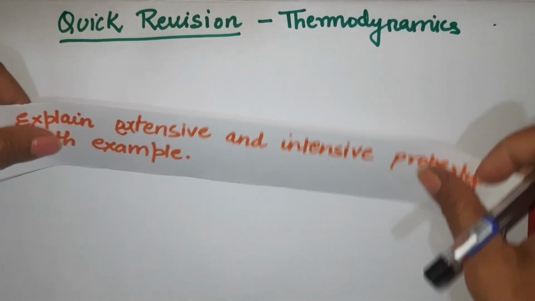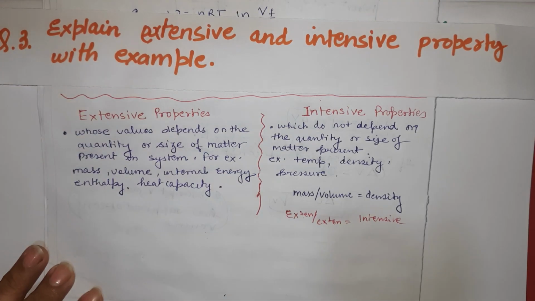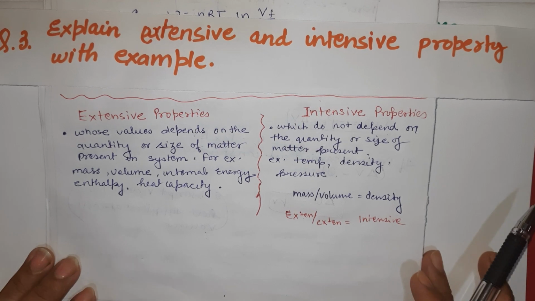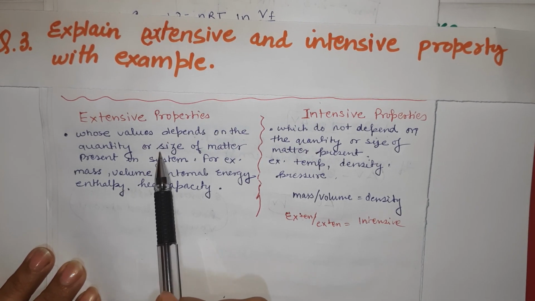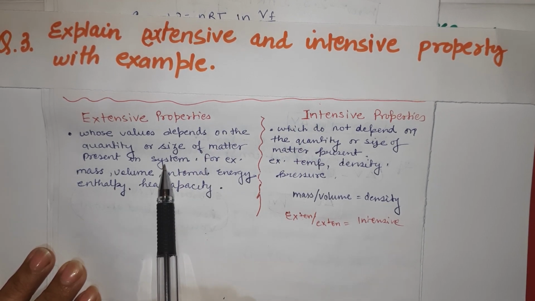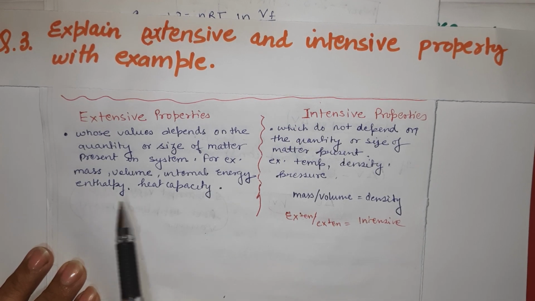The next question is, explain extensive and intensive property with example. Extensive properties are those properties whose value depends on the quantity or size of matter present in the system. The examples are mass, volume, internal energy, enthalpy, heat capacity.